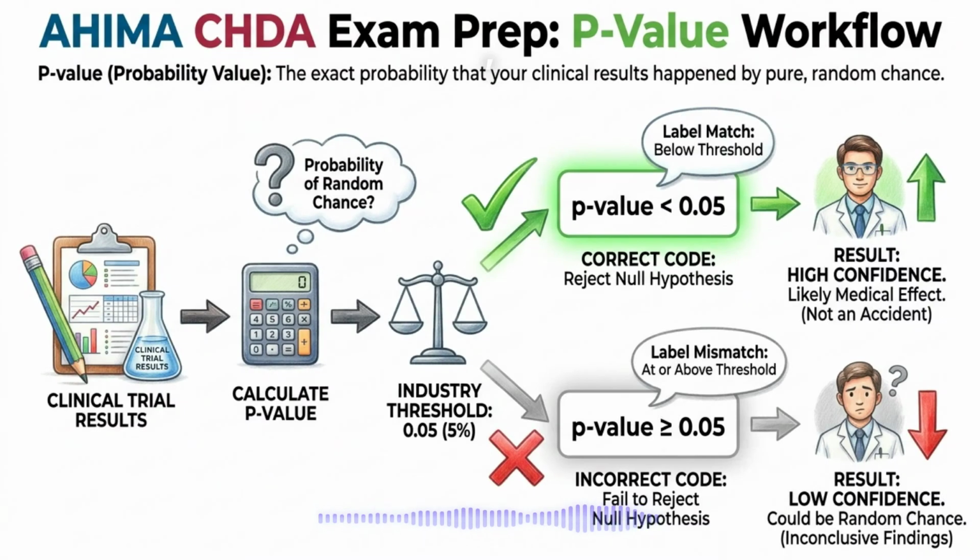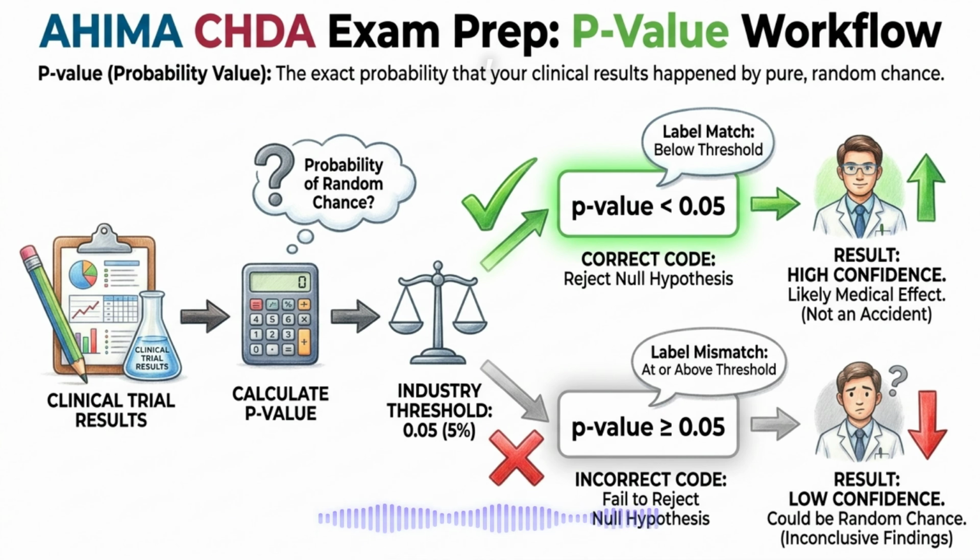To decide whether to reject that null hypothesis, statisticians rely on a critical metric called the p-value, which stands for probability value. The p-value tells you the exact probability that your clinical results happened by pure random chance rather than because of an actual medical effect.